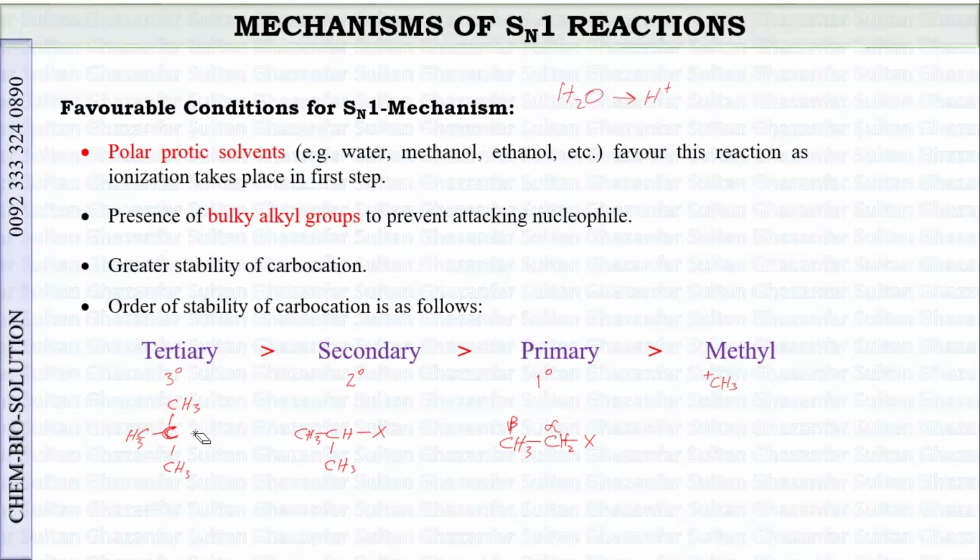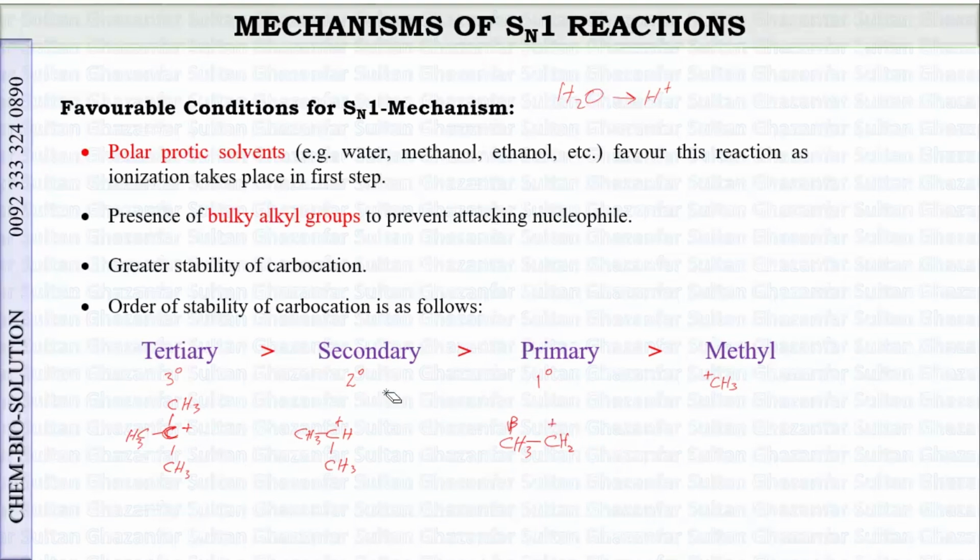If we talk about the carbocation, then we should write the positive charge here. So these primary, secondary, and tertiary alkyl halides become the primary, secondary, and tertiary carbocations.